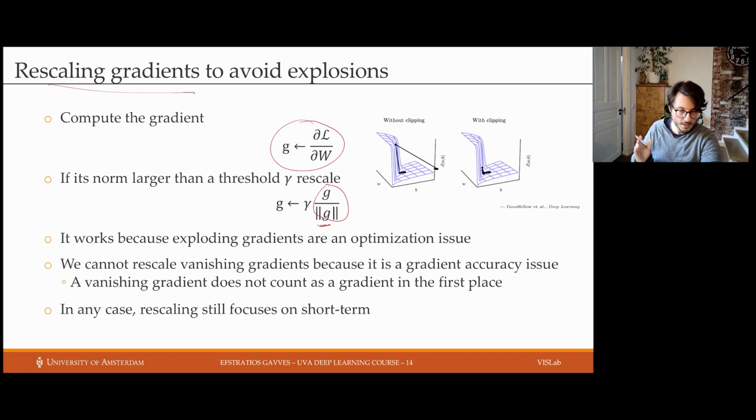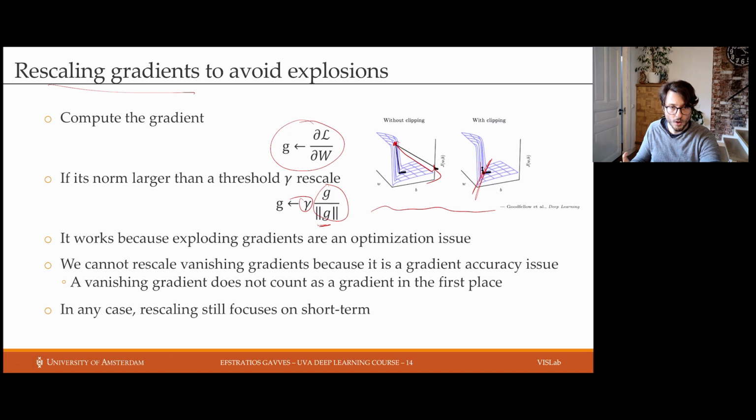You take the same gradient, in the same direction, but with unit length, and then you multiply it by gamma, so that you set the maximum length of your gradient. The intuition of why this helps is shown in this picture. Without clipping, you might jump a cliff. But with clipping, you help the model make smaller steps and then arrive at the correct minimum here.